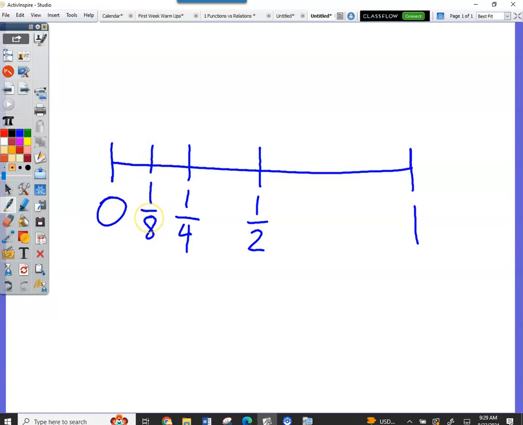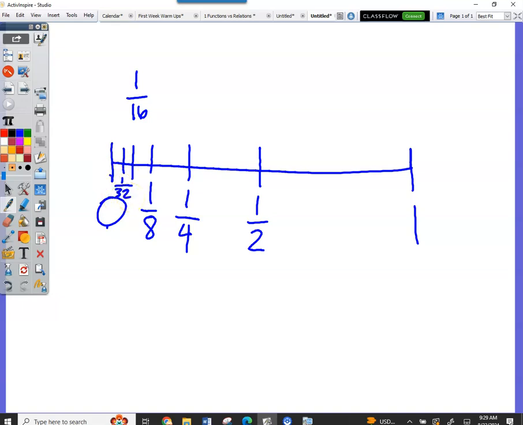If you've not picked up on what's happening here, the pattern is that the denominator is doubling because I'm cutting it in half. What is halfway from 0 to 1/8? 1/16. What's halfway from 0 to 1/16?